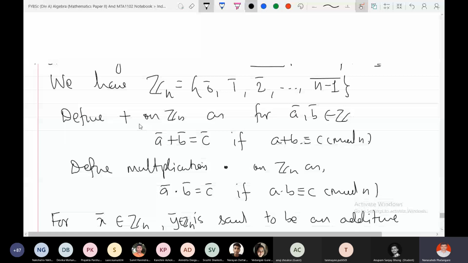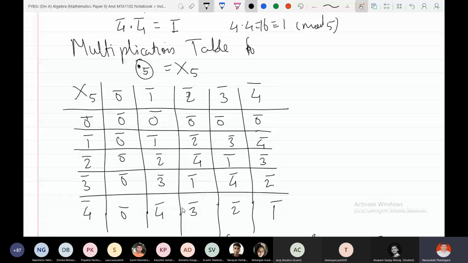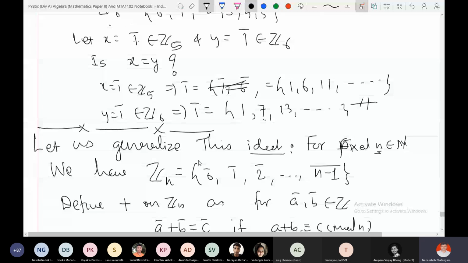Nowhere else, right? So 0 occurs in the position where one of the factors is 0. 0 bar into 1 bar is 0. But at other places there is no 0. That means if factors are non-zero, then we cannot get 0 bar. This is something special about 5. But what happens in Z6 if you write the multiplication table of Z6?